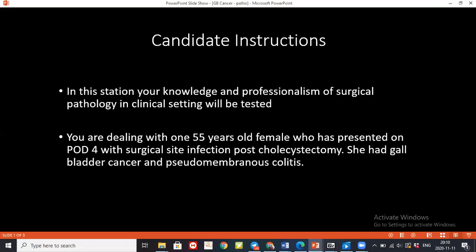Then it can spread to regional lymph nodes such as the celiac and superior mesenteric lymph nodes, or the retropancreatic lymph nodes. Direct invasion involves the pancreas, the stomach, the duodenum and the liver.